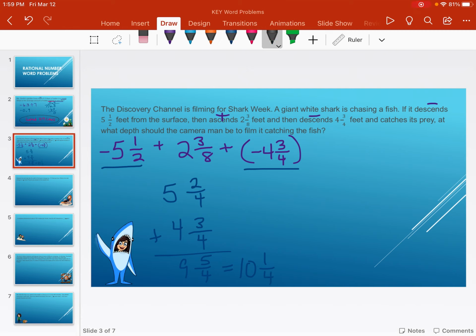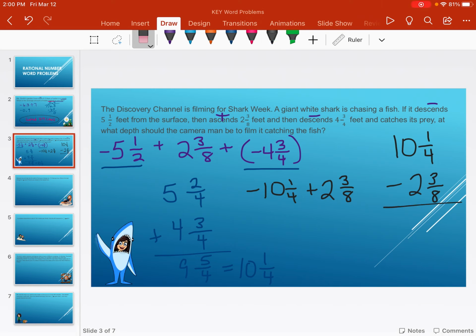So now my problem is negative 10 1/4 plus positive 2 3/8. Now I'm going to add those, but different signs subtract, so I'm really going to subtract them. 10 1/4 minus 2 3/8. Again, I need common denominators, so 1/4, I can turn that into eighths by multiplying by 2, so this is 2/8.